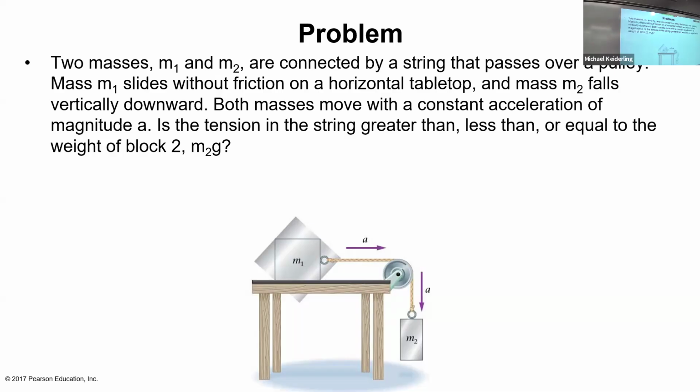Is the tension in the string greater than, less than, or equal to the weight of mass 2, m2g? And unfortunately, this picture is flawed, but that's the one provided by the publisher, so I can't fix it easily.